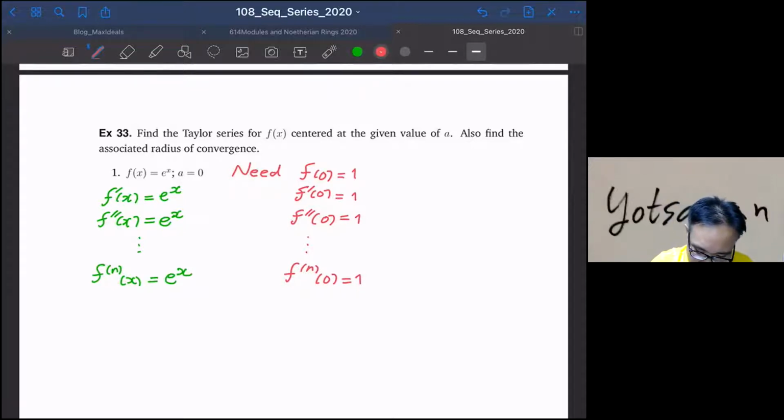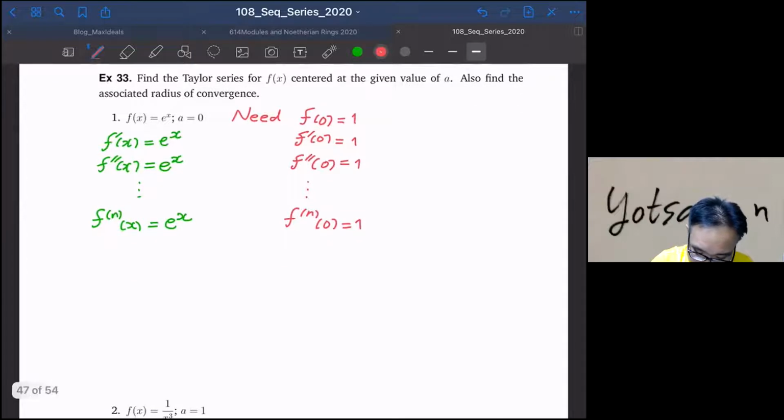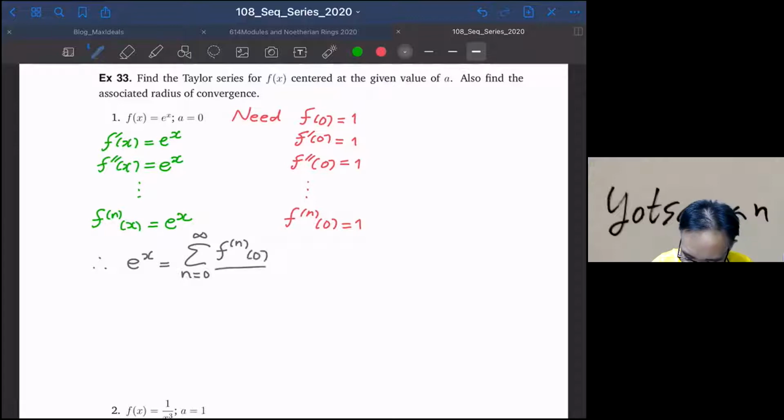And you're going to have e^x will be just the formula, the series n = 0 to infinity of the nth derivative at 0 over n factorial times x^n.